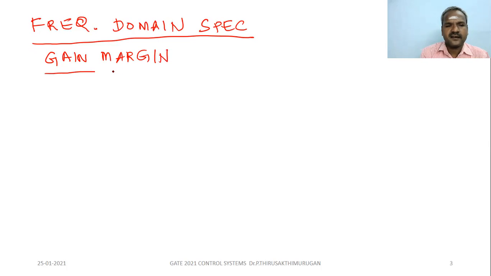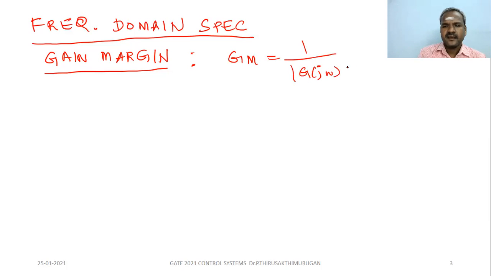Gain margin is the inverse magnitude of G of j omega, H of j omega. Simply, gain margin means 1 by modulus of G of j omega H of j omega. Actually, we replace s by j omega to get the frequency transfer function.